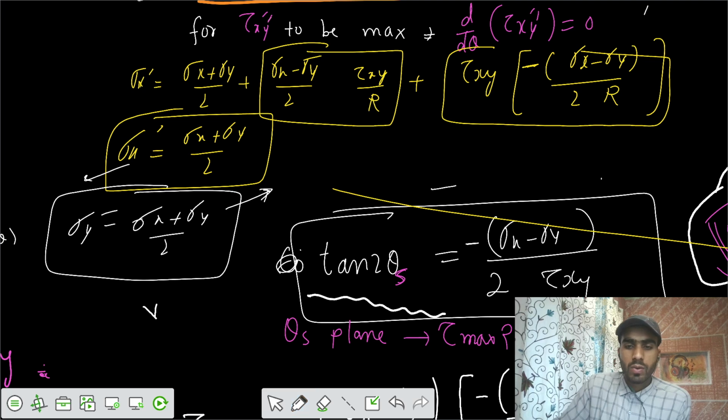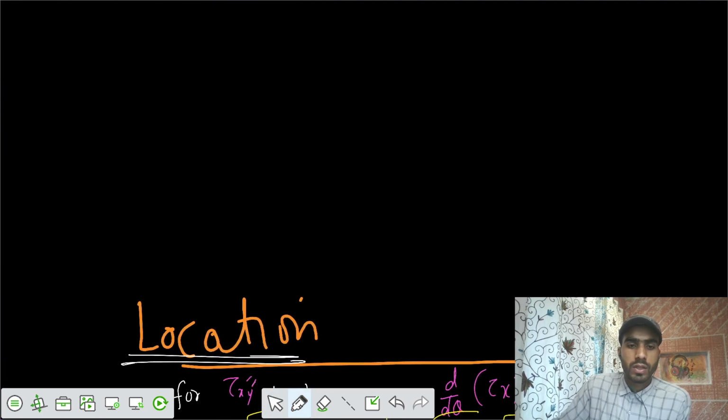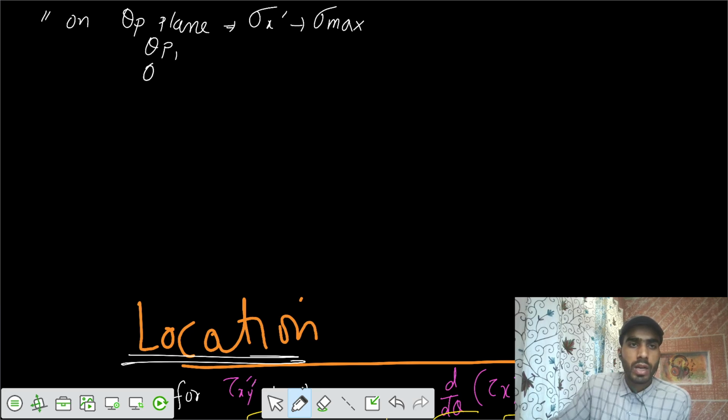So the conclusion is that on the principal planes, on the theta p planes, your sigma x dash becomes sigma max. You have two principal planes, one is theta p1 and the next is theta p2. On theta p1 we have sigma max, and on the next principal plane we have sigma min. They are separated by 90 degrees.